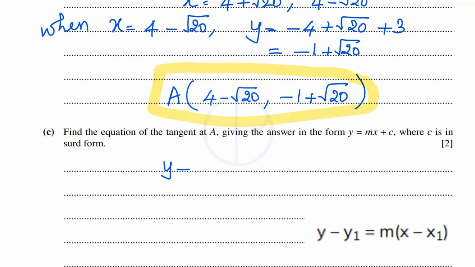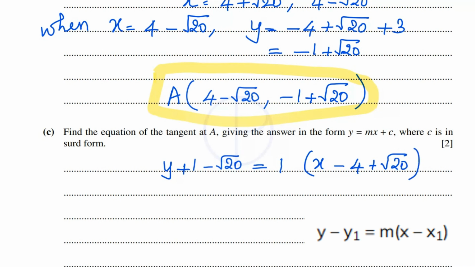So this is the A value. So the y is minus 1 plus square root of 20. Let's substitute here. Minus of minus 1 is plus 1. Minus of plus square root of 20 is minus square root of 20. Equal to, the gradient is 1 multiplied by x minus 4 plus square root of 20.